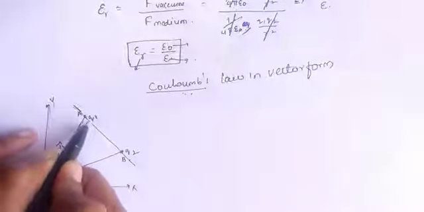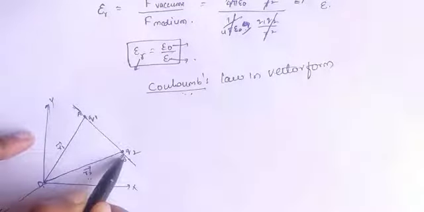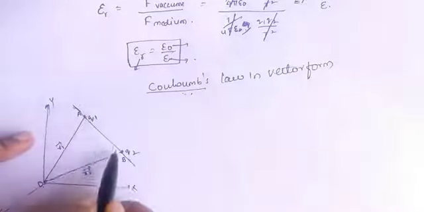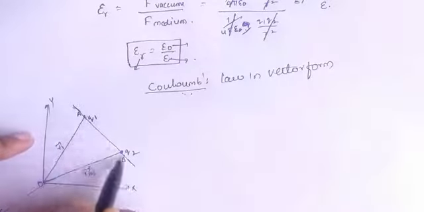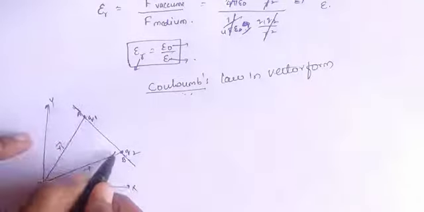If q1 and q2 are positive charges, then there exists a repulsion force. If one is negative, there is an attraction force. Here I am considering that q1 and q2 are both positive charges, so there exists a repulsion force.